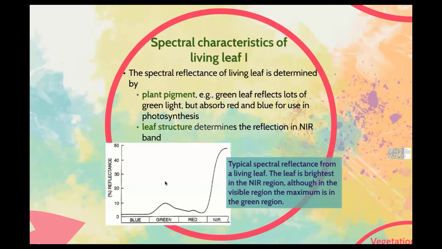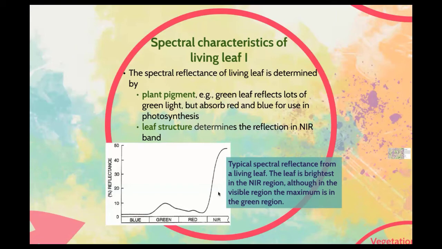So that's about the pigments. And what determines the high reflectance in the near infrared band is the internal cell structure, the leaf structure, which leads to the high reflectance in the near infrared band.